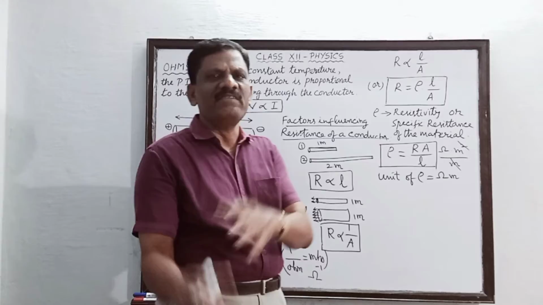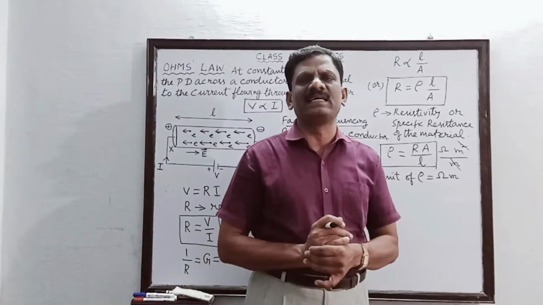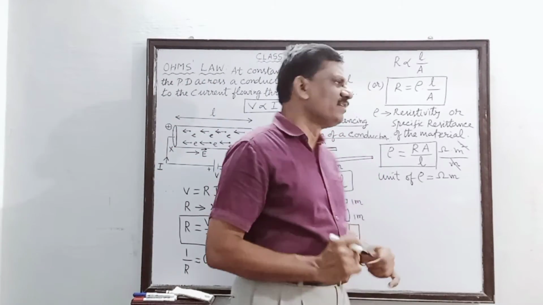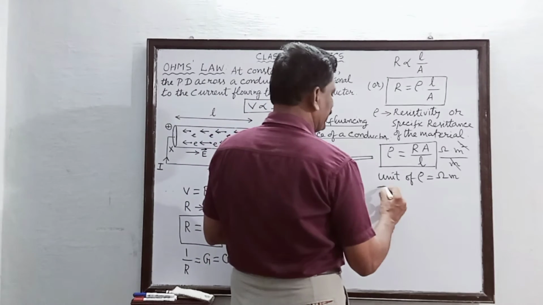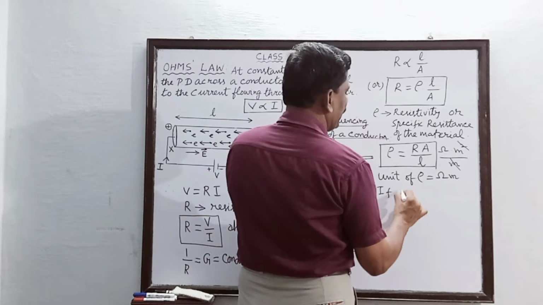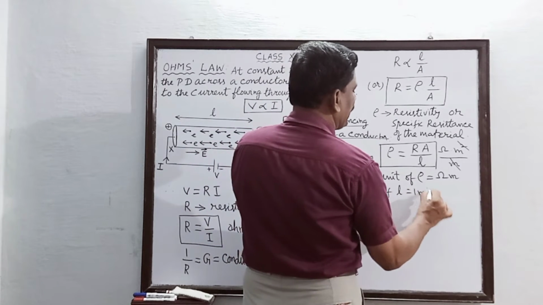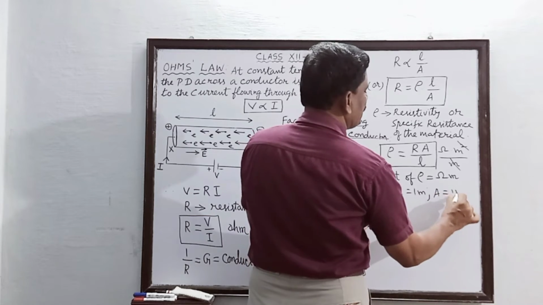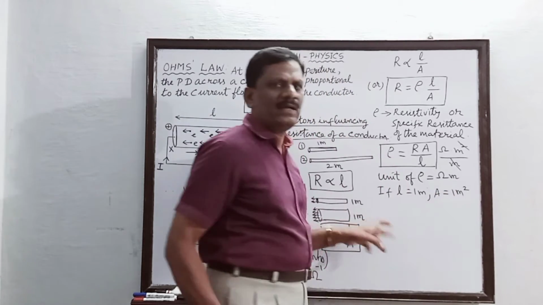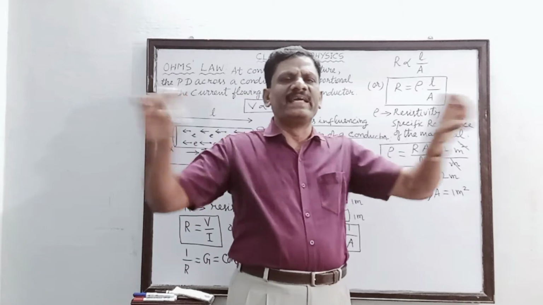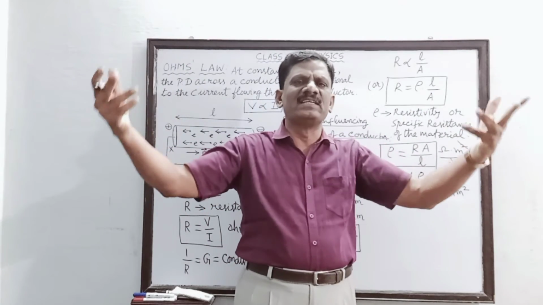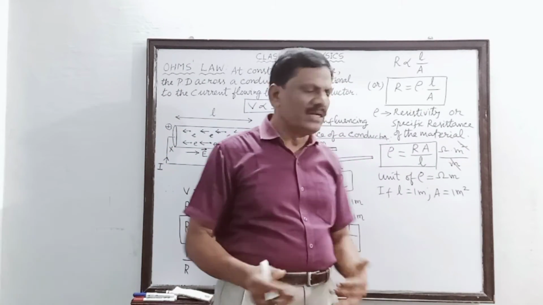Okay, now how to define this specific resistance? We will get a definition for the specific resistance by taking length equal to 1 meter and area of cross section equal to 1 meter square. Imagine a wire having a length of 1 meter and area of cross section 1 meter square. Then what will rho be equal to?